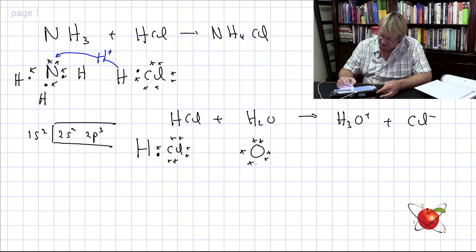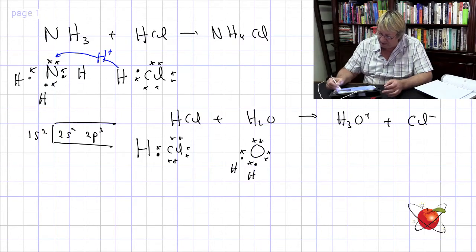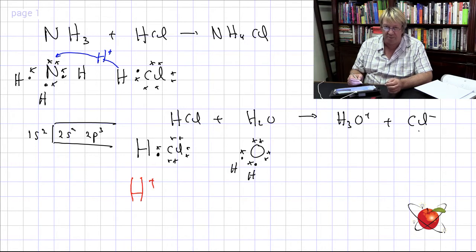Remember, we had the H and we had the H. Now what happened is the chlorine has gone off and become an ion on its own. So what happened to this hydrogen over here? This hydrogen split off and floated around as an H+.